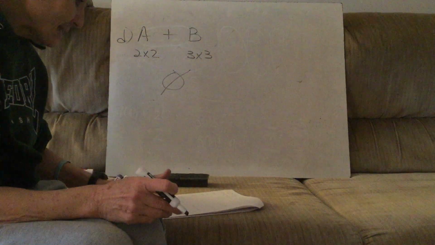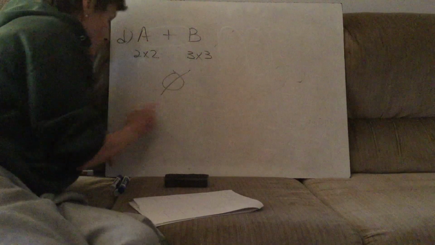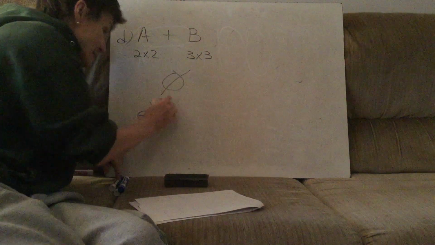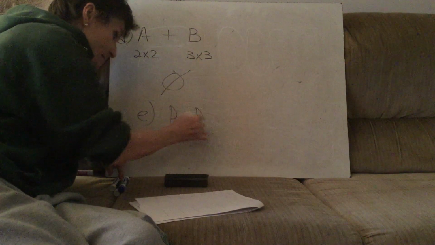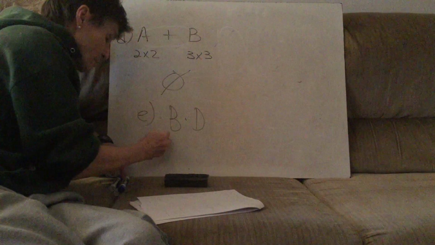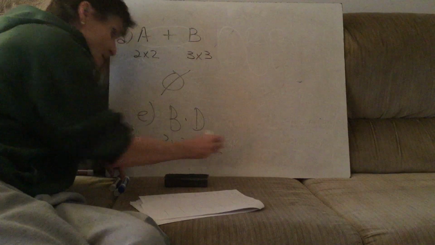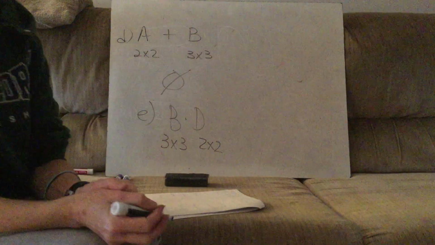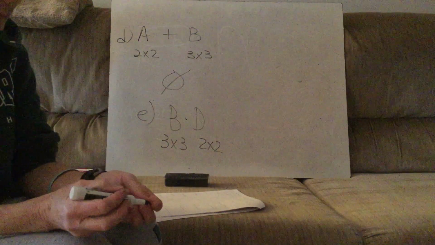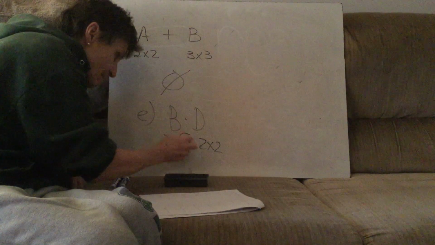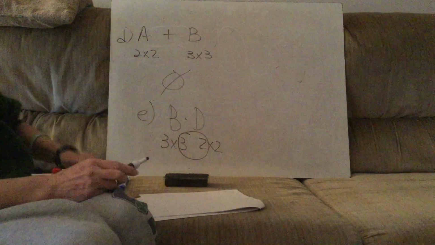Now, I think E is going to be problematic also, because E says take B times D. Now, B is a 3 by 3, and D is a 2 by 2. Those cannot be multiplied, because remember, the rule for multiplication is these have to match.